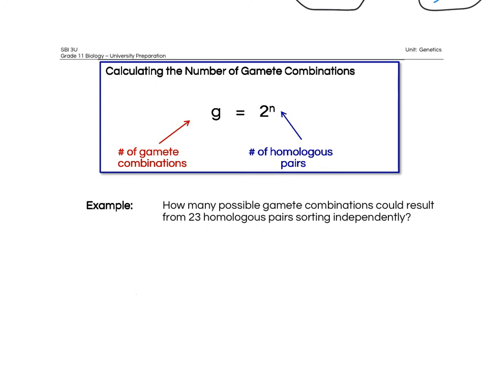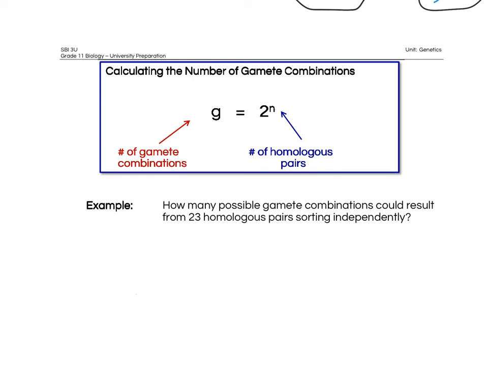So geneticists will often calculate the number of gamete combinations that can happen. And so they use a handy equation to represent that. The number of gamete combinations that can occur, in other words, the number of possible different sex cells that you can have, will be equal to 2 to the power of n, where n represents the number of homologous pairs that are available in the organism.